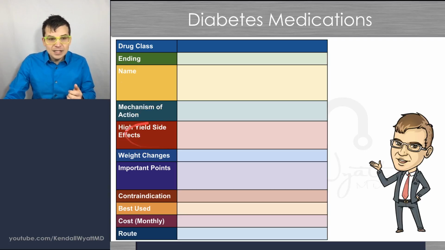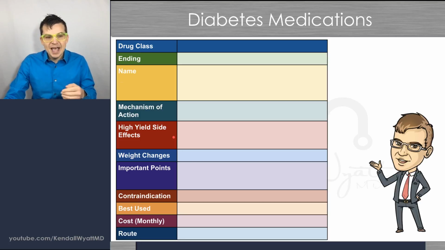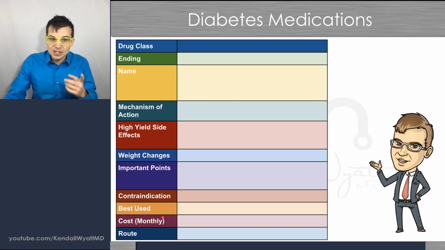We'll go over the highest yield side effects and some explanations on those, whether they make you gain or lose weight, and of course the most important teaching points you need to know for your patients and for your exams. What they're contraindicated for, which are pretty much also really important side effects, and of course when we use them. And for funsies, I threw in when they're used first and about how much they cost as well as the route.